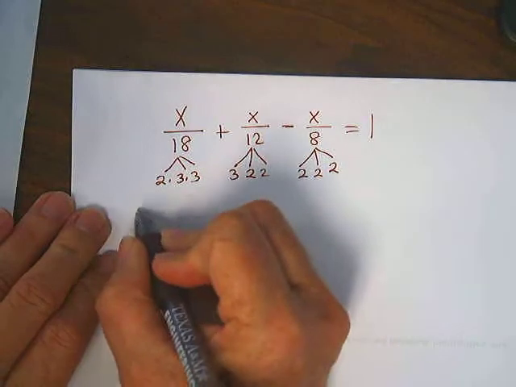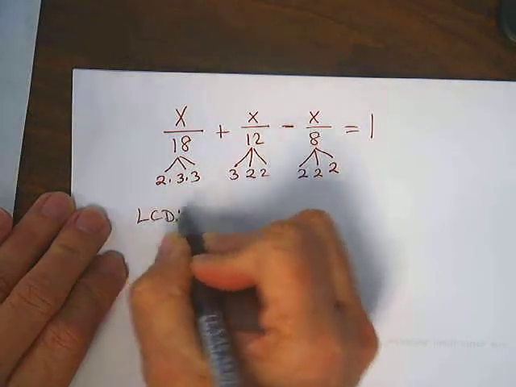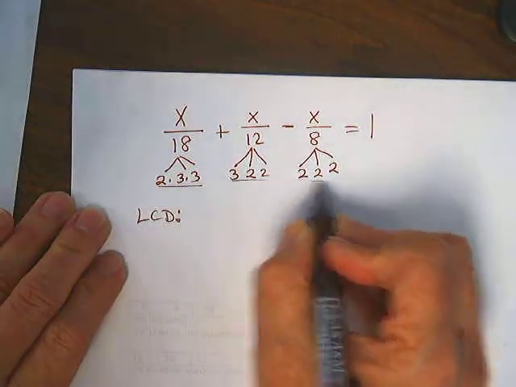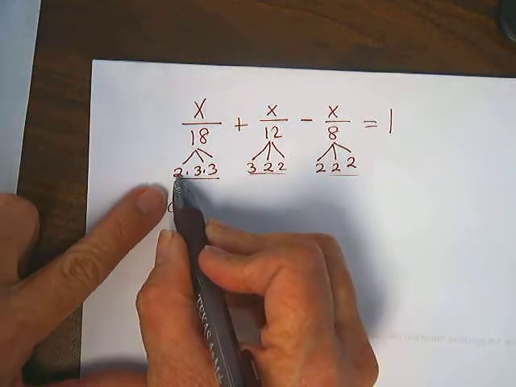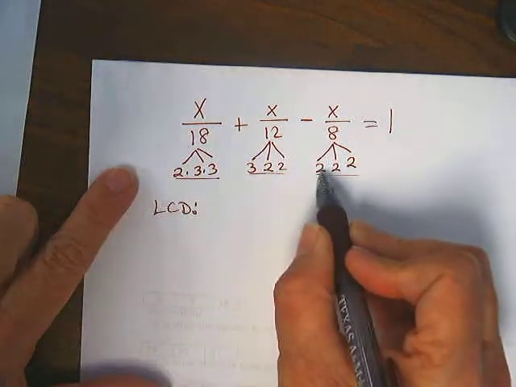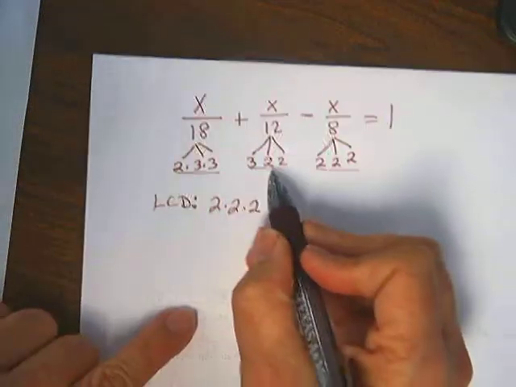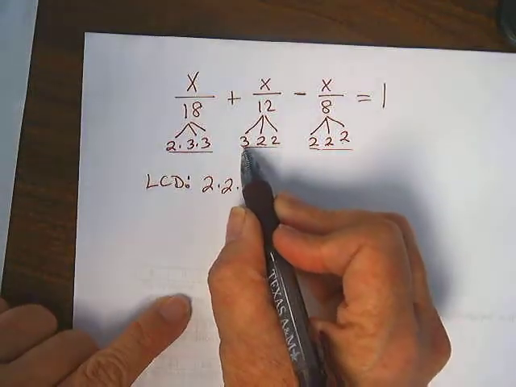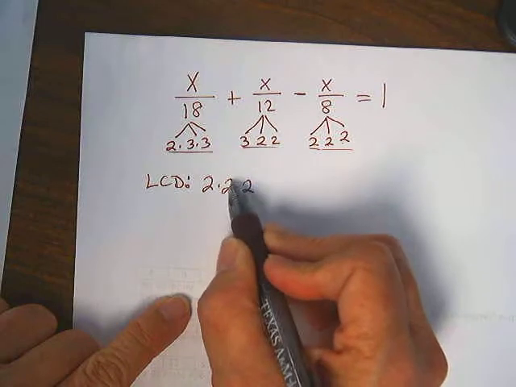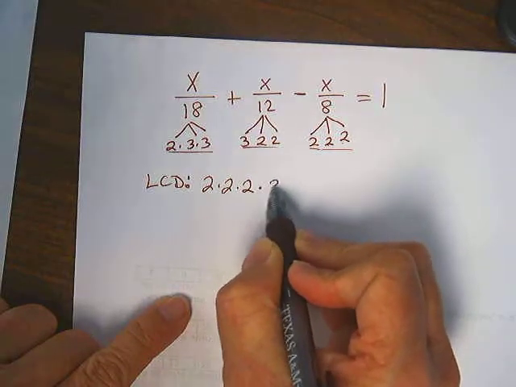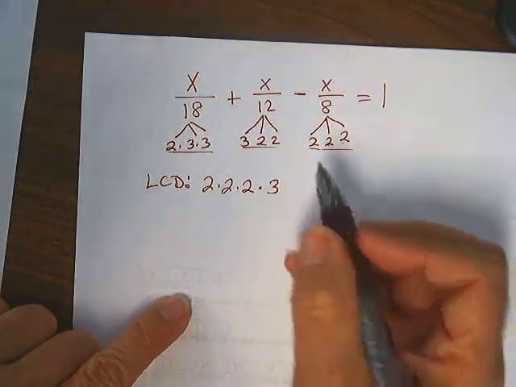So my lowest common denominator will have to contain all of these unique terms. So it must have, let's start here, 2 times 2 times 2. Our middle term says we need to have a 3 and a 2 and a 2. I've got 2 2's already, but I don't have a 3 in that lowest common denominator.